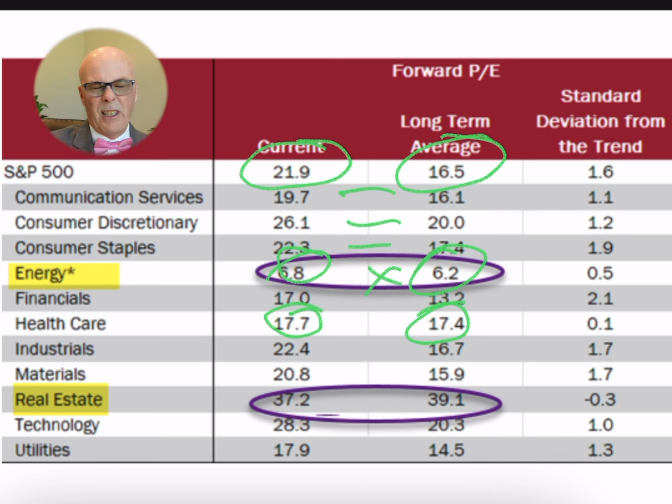And finally, real estate, which really means REITs, that kind of thing, 37, just a little bit under its long-term average. So there are sectors that are cheap, but you can see here that with the exception of maybe those three, most of the sectors are well ahead of their long-term average forward PE ratio. What that means is we can't blame the overvaluation of the market on technology alone.